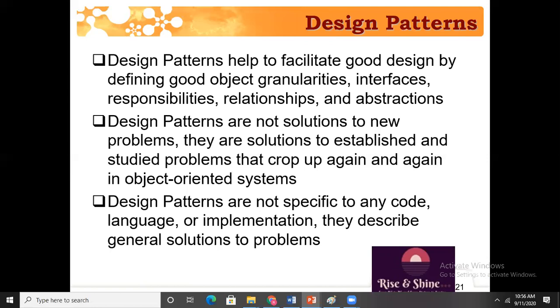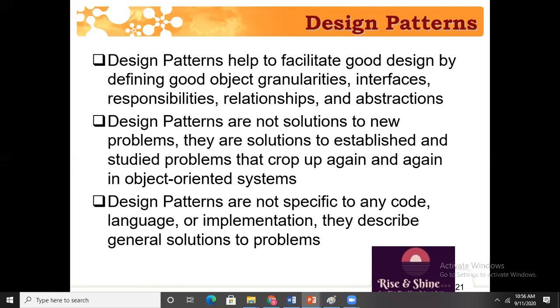So design patterns are the best practices, best solutions to studied problems that come up again and again in object-oriented systems. Whatever problem previously occurred may occur again.